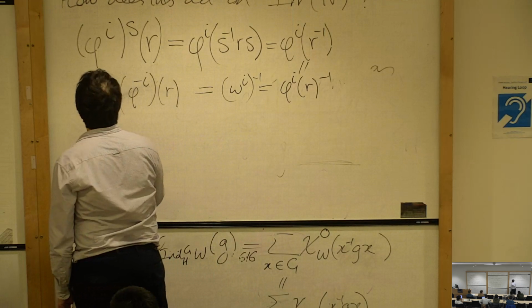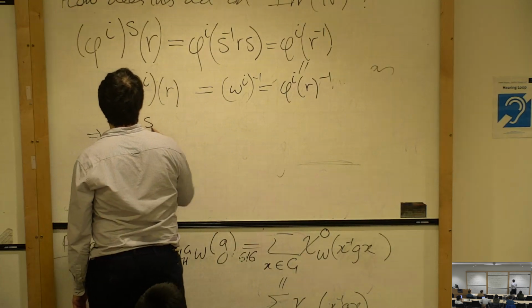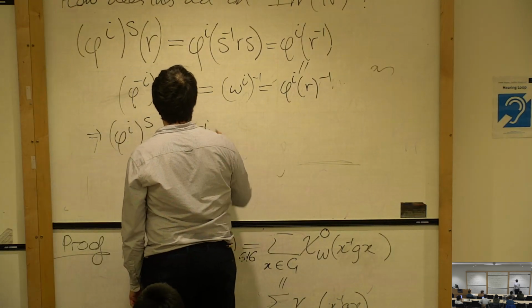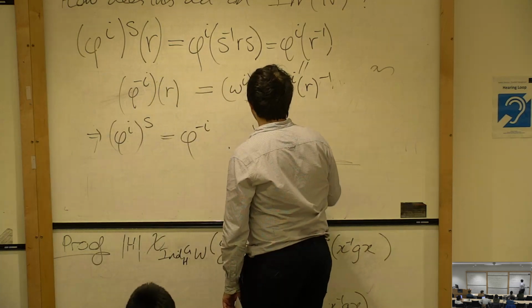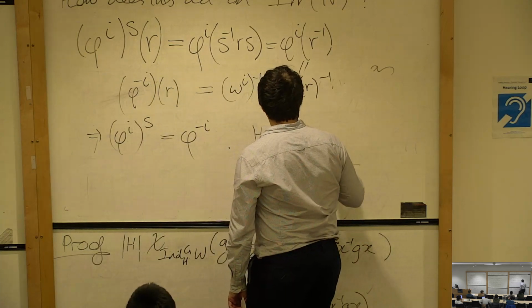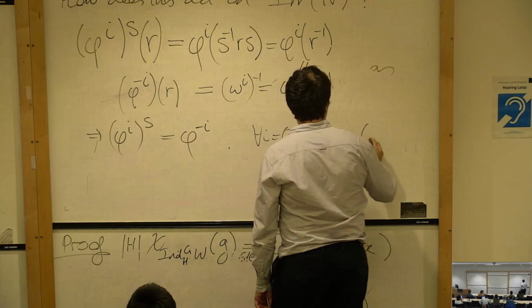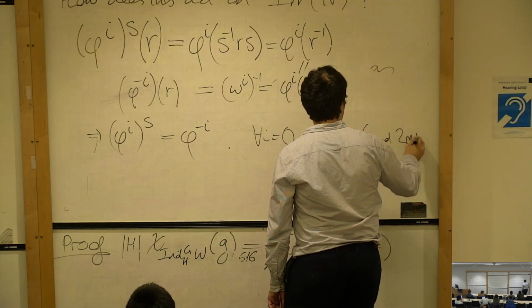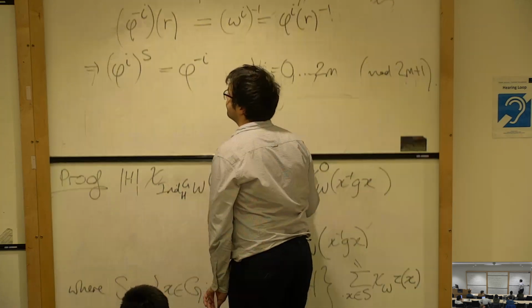So therefore, phi to the i twisted by S is equal to phi to the minus i, mod 2m plus 1. Good.